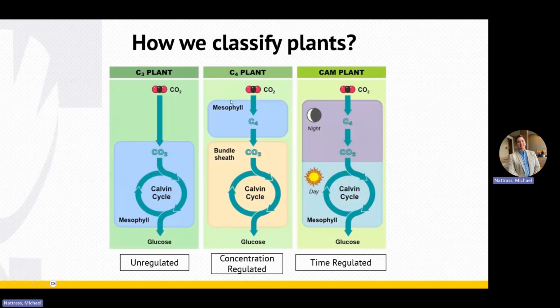For our C4 plants, we're going to create a 4 carbon molecule that is then going to bring that into the bundle sheath cells. And then our CAM plants are things like cactus, in that it's so hot where they grow that they will open up their stomata at night and then perform the Calvin cycle during the day.